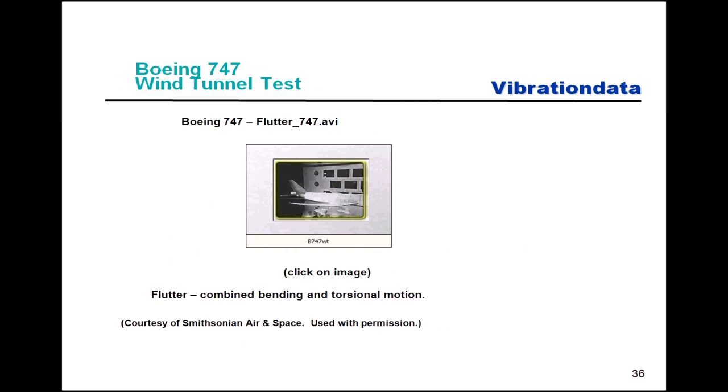Okay, so another category is flutter, and this is kind of a fun one to look at. And we actually have some wind tunnel test footage. Some of this was probably taken in maybe the late 1960s or early 1970s. And with flutter, there's all manner of different kinds of flutters, modes that you can research and study.